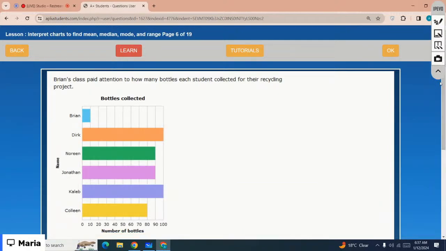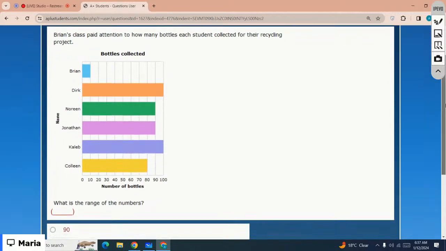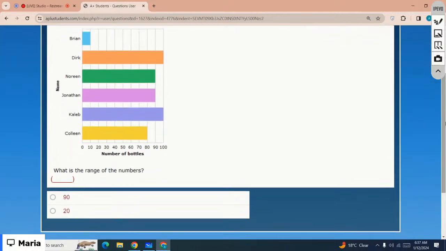Okay. Brian's class paid attention to how many bottles each student collected for their recycling project. What is the range of the numbers? So, which is the correct option?